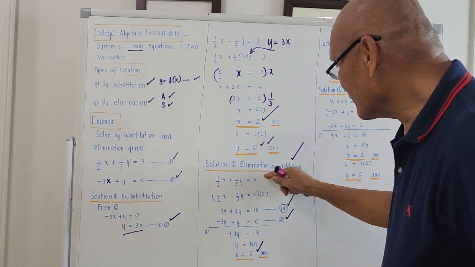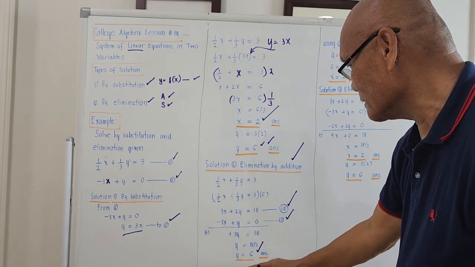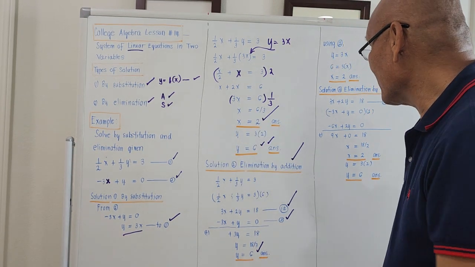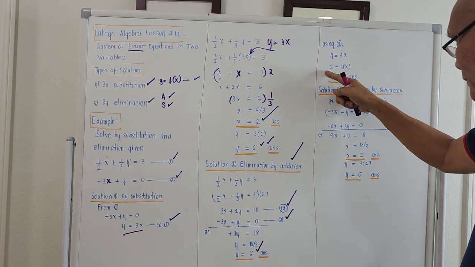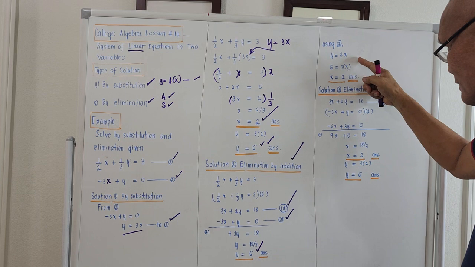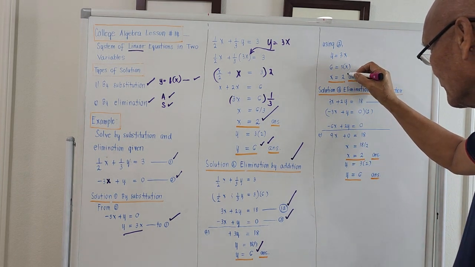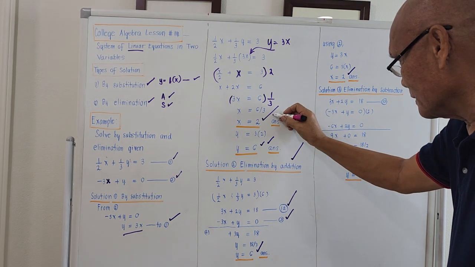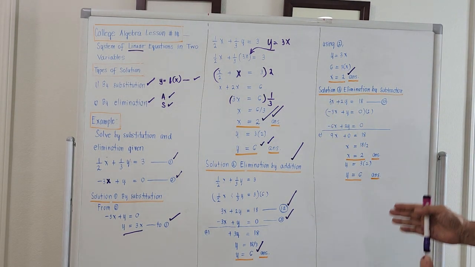And by adding it, we eliminate x and we could compute for y, so y is actually 6. So using the relation y is equal to 3x, 6 now will be equal to 3 times x, so x now will be 6 over 3, or x is equal to 2. Same as this one. Right? That's elimination by addition.